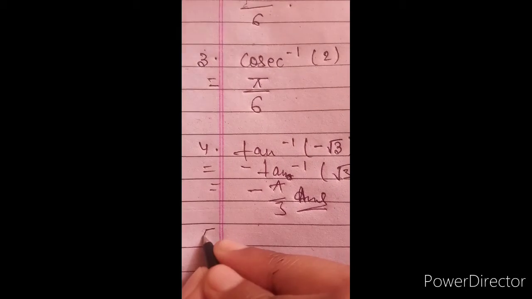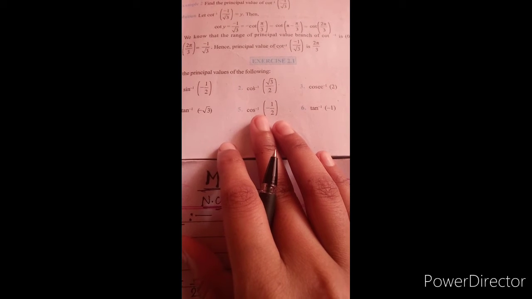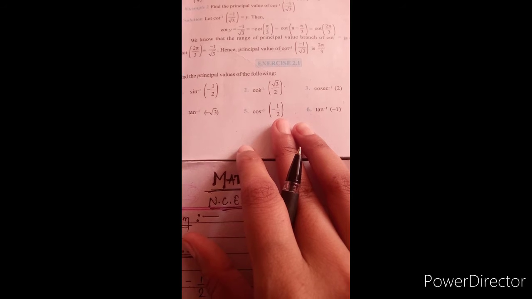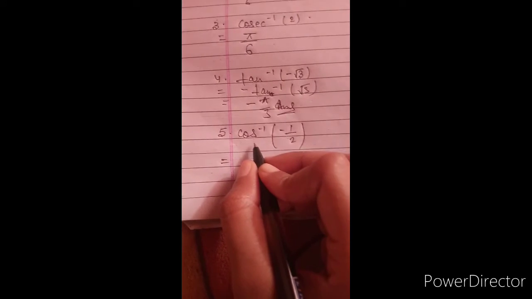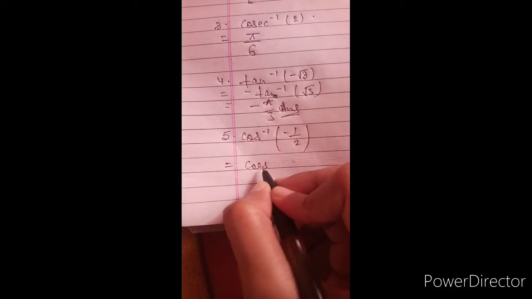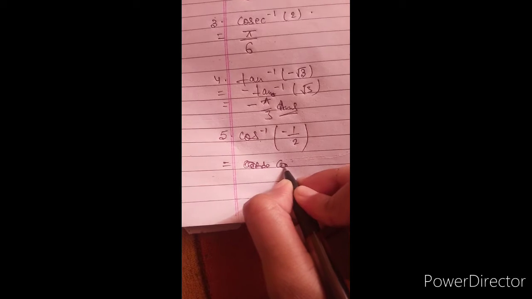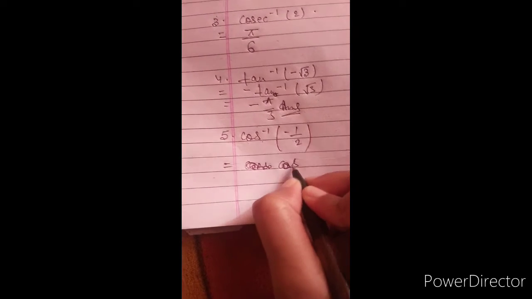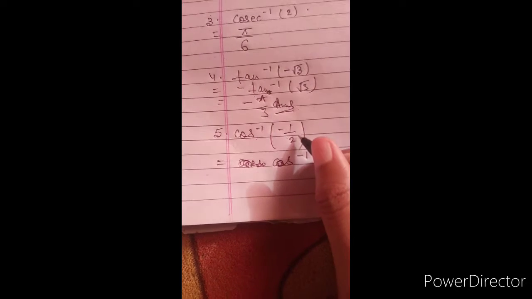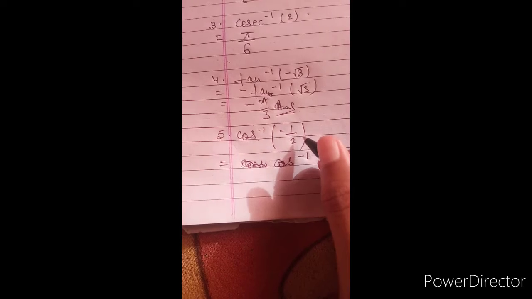So now solve the next question, question number 5, which is cos inverse minus 1 by 2. Let us solve this question. We put this cos inverse as it is. Now minus 1 by 2: we know cos 2 pi by 3 is equal to minus 1 by 2.